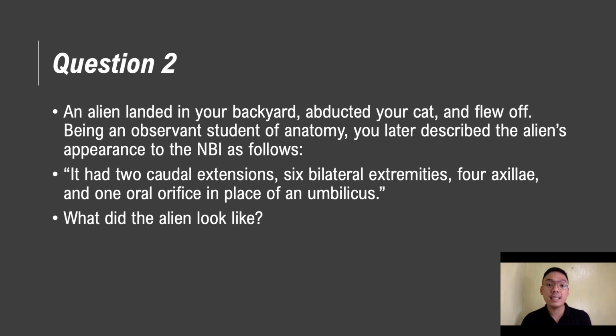What did the alien look like? Very good. The alien would have two tails, four arms, two legs, and a mouth where the navel is usually located.